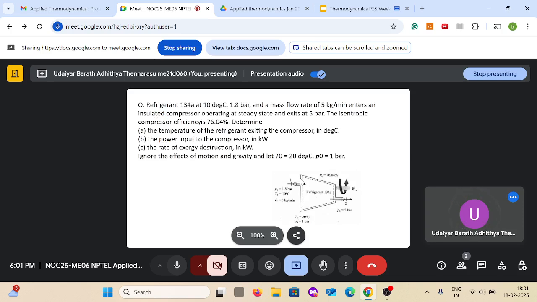So the first problem for an open system is we have a refrigerant R134A at 10 degrees Celsius and 1.8 bar, and it has a mass flow rate of 5 kg per minute. This is entering an insulated compressor which is operating at steady state and exits at 5 bar. The isentropic compressor efficiency is 76.04%.